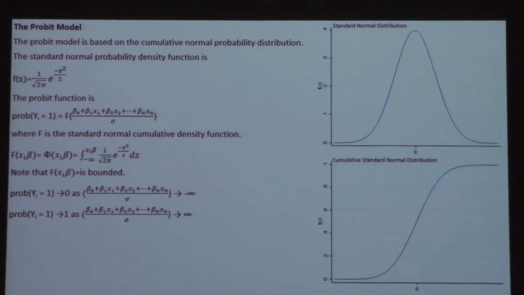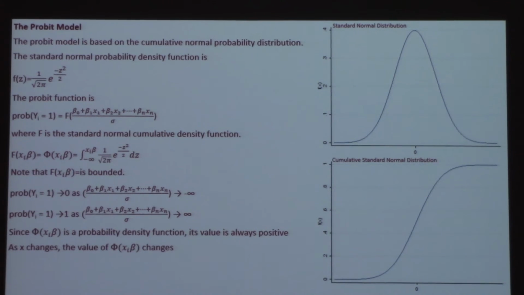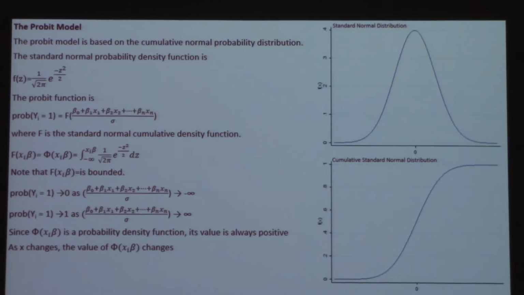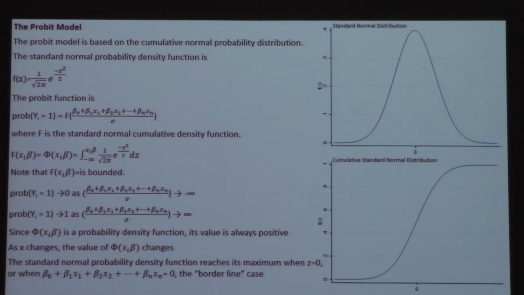In other words, we're not going to have probabilities greater than 1 or probabilities less than 0. So we get these bounded regressions. Always positive, like probabilities should be. As x changes, the value of our cumulative standard normal distribution is going to change. The main point is that as x changes, the value of the function changes.